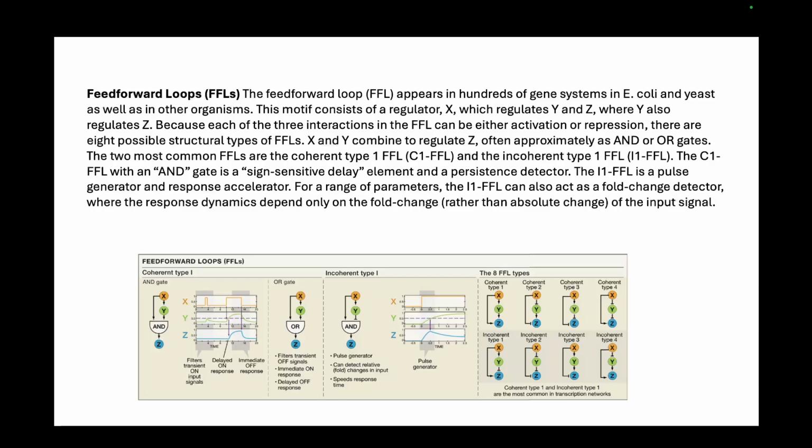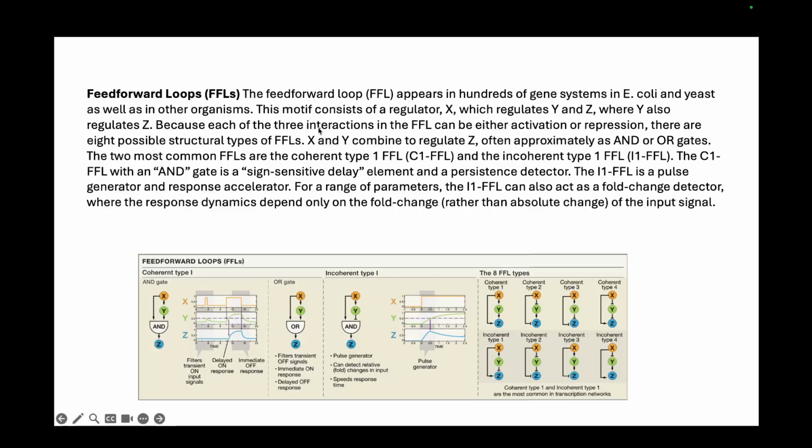They will be regulated by multiple proteins or multiple compounds, and they will have a relationship: either both of them will regulate together, or one will regulate and another will repress, or it can be either-or, or both of them together. So these kinds of loops that you get are known as feed forward loops.